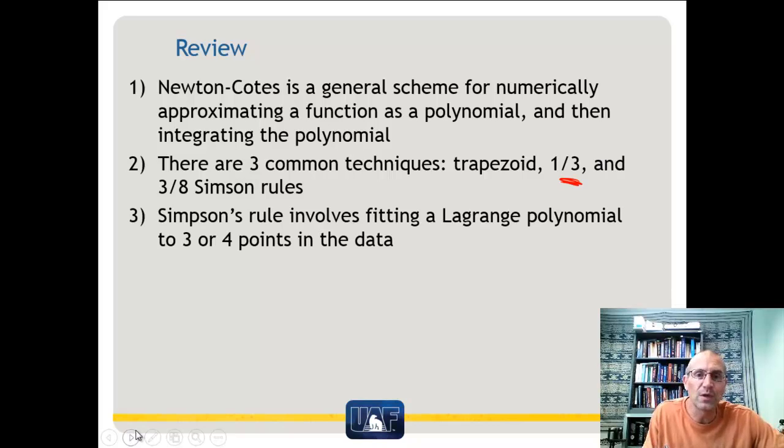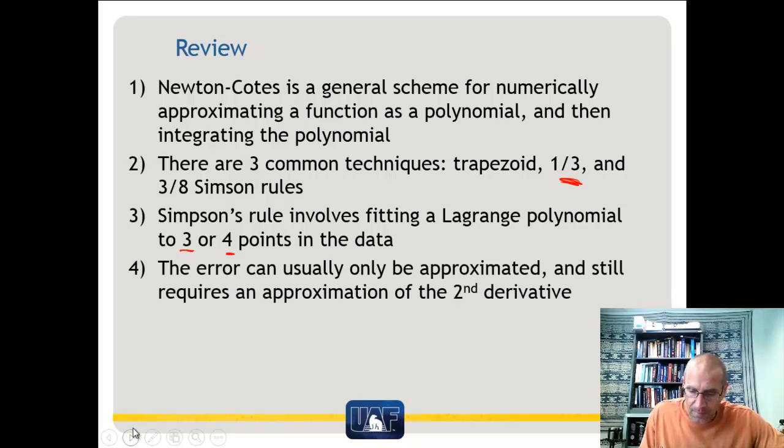We saw that Simpson's rule involves fitting Lagrange polynomials, either 3 points for the 1/3 rule or 4 points for the 3/8 rule. And the last thing we looked at was that the error can usually only be approximated, and it requires an approximation of the second order derivative. So it gives you an order of magnitude of what the error is, and that's about the best that we can do.